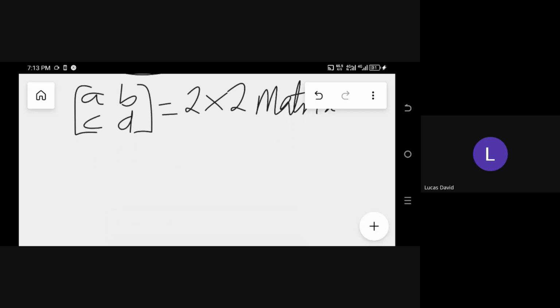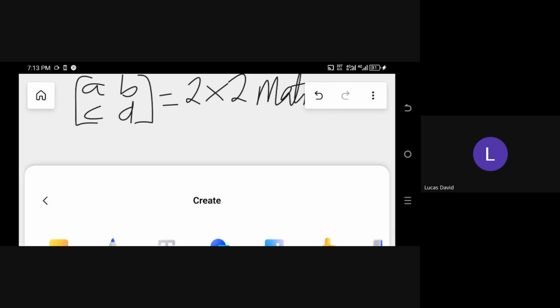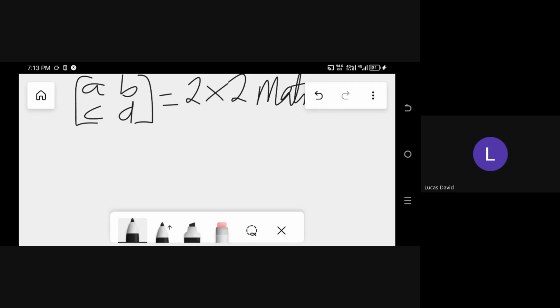Let's look at other ones. What if we had something like minus 3 and 5 here? What would be the name of this matrix?